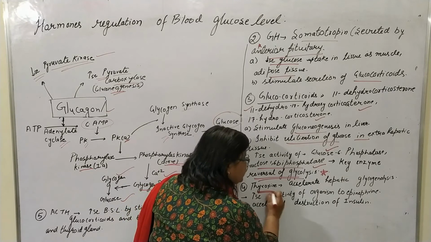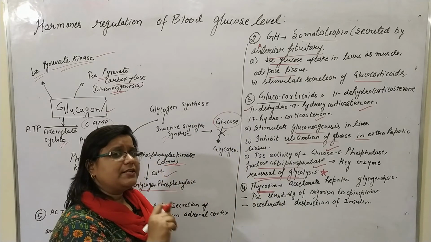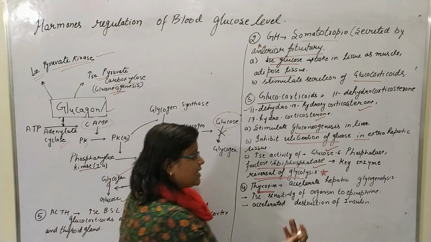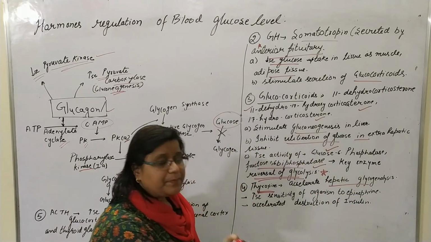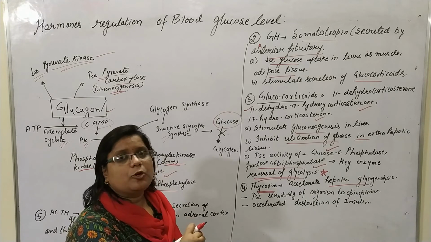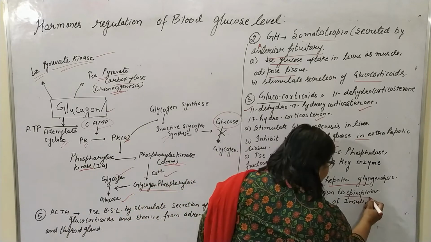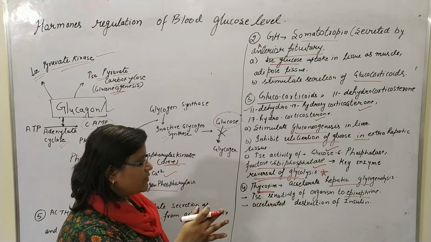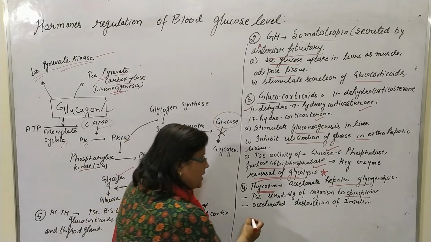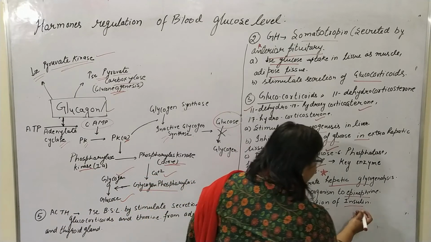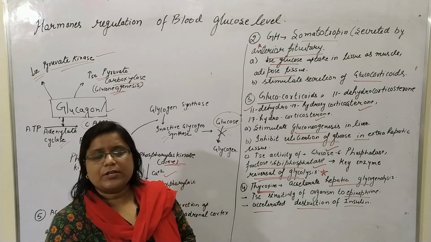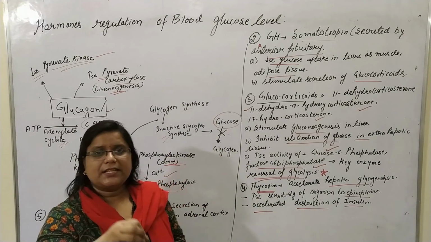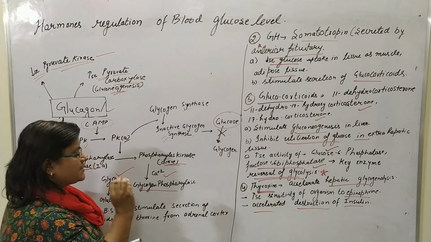The thyroxine hormone is secreted by the thyroid gland, which accelerates hepatic glycogenolysis and increases the susceptibility of organisms to epinephrine. Now we will see the mechanism of epinephrine also. It will accelerate the destruction of insulin, meaning this thyroxine hormone destroys the insulin, so the insulin will not take place in that particular site or cell.